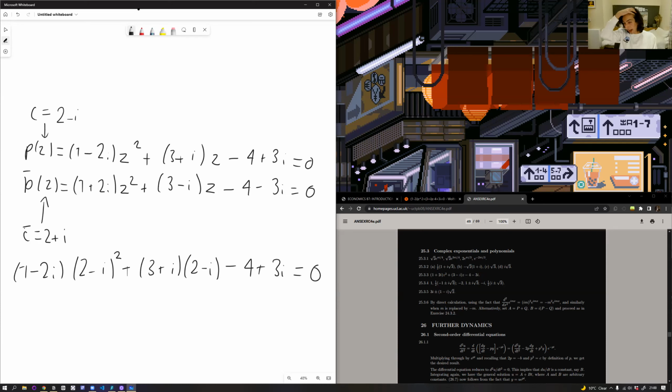2 minus i squared, that's just 4 minus 2i minus 1. Yeah, so 3 minus 2i. Okay, and then for this one, we'll just write it out again, just to make it a little easier for me. 4 minus 2i minus 6i, so minus 8i.